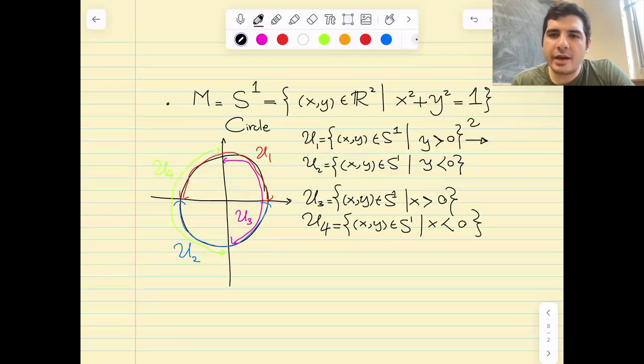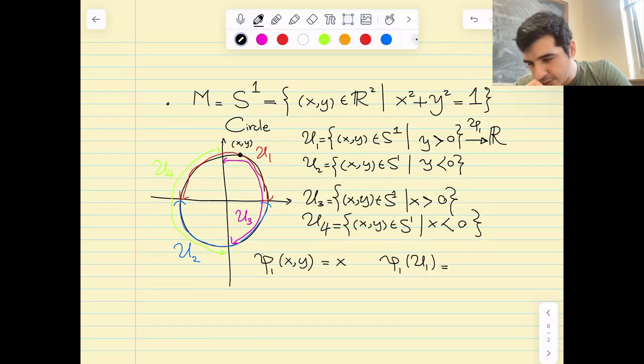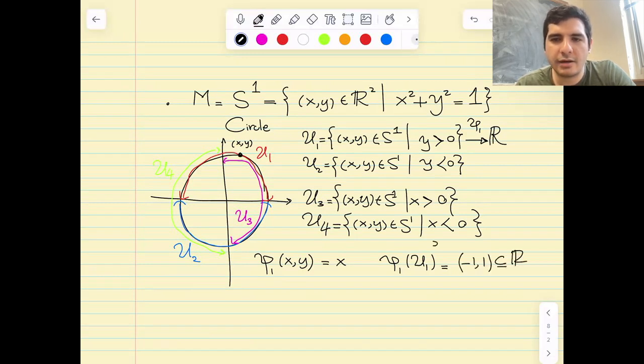Now I should define maps phi1, phi2, phi3, etc., homeomorphisms to open subsets of R. I define phi1 of x, y, defined on U1, to be x. So phi1 of U1 would be an open subset of R, the open interval from -1 to +1. This is a homeomorphism between U1 and the open interval.